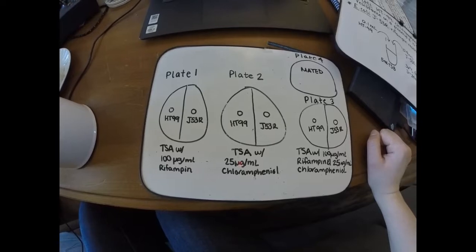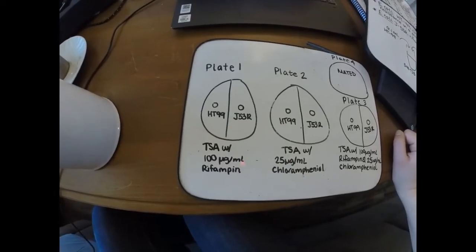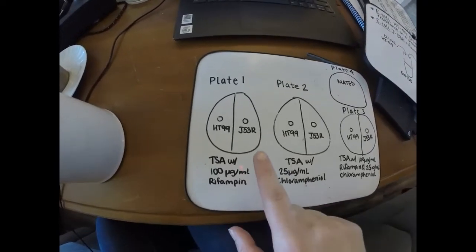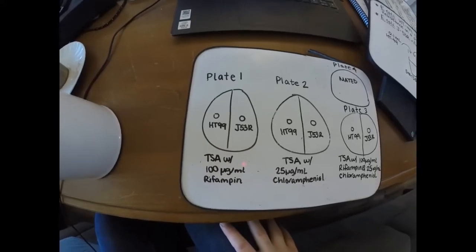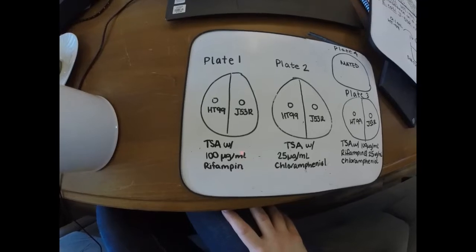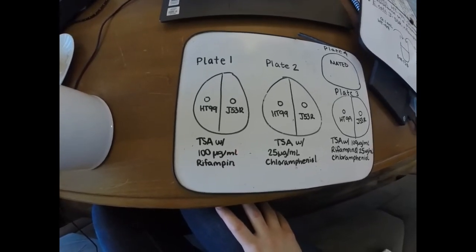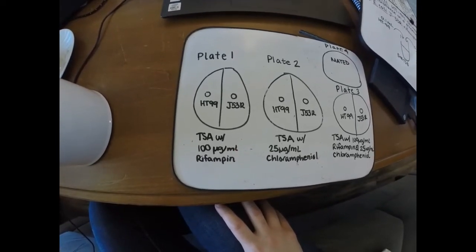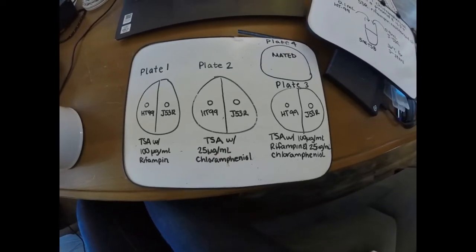Would we expect to see growth on, let's say, this particular plate? And if so, which one would grow? Well, the one with the resistance to that antibiotic would grow. Same thing for the other ones.